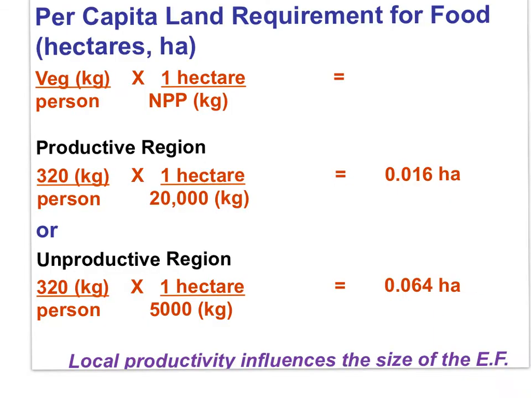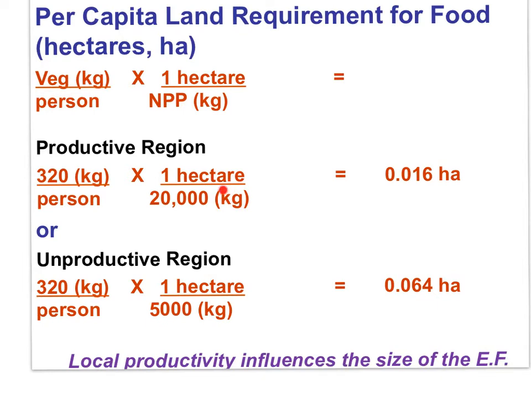Let's plug some numbers into the calculation of the ecological footprint component for vegetable food. For this term, let's assume a person consumes 320 kilograms of vegetables in a year. For this term, let's assume they live in a productive region with an NPP of 2,000 grams per square meter per year.